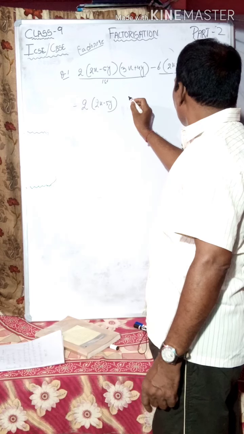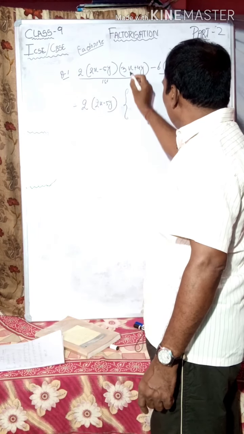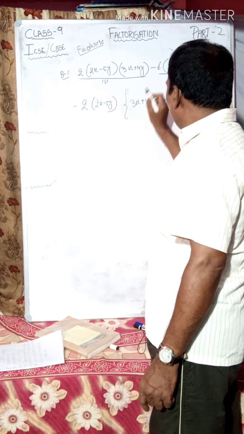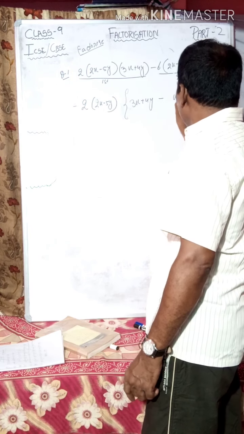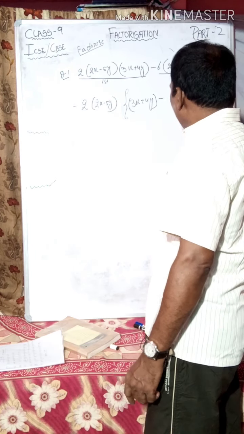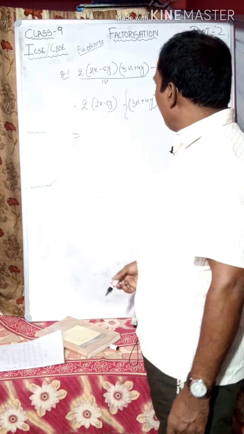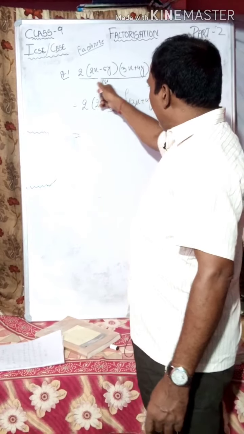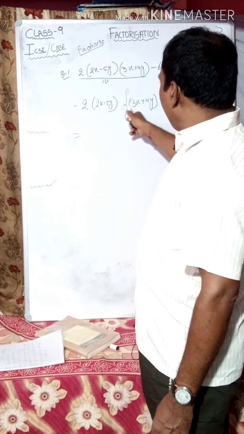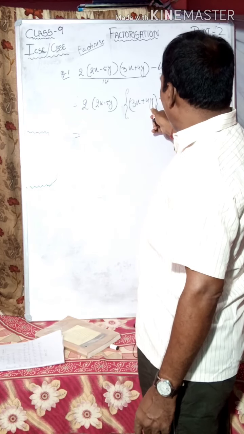Rest: 3x plus 4y minus x minus y within bracket, then omit the bracket. This is the first term divided by the common factor, the rest is 3x plus 4y.